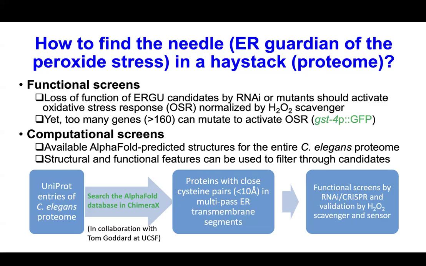We used a number of function and structure criteria to search the AlphaFold database using ChimeraX, and we defined the criteria, including the proteins with close cysteine pairs within 10 angstrom in multipass ER transmembrane segment. And we came up with a list of candidates so we can perform functional screen and validation experiment in C. elegans.